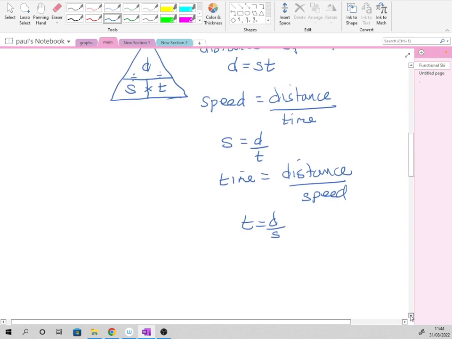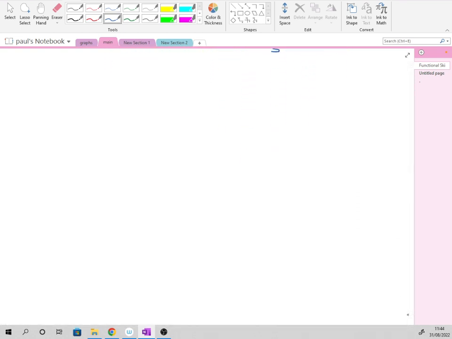So let's have a look at one or two of those, see what we can do. So every time that you get one of these questions and you think, it's one of these speed, distance, time things, then just draw the little triangle over there. Speed, time, distance.